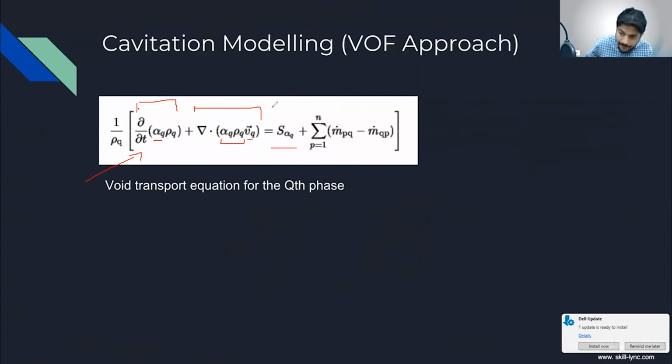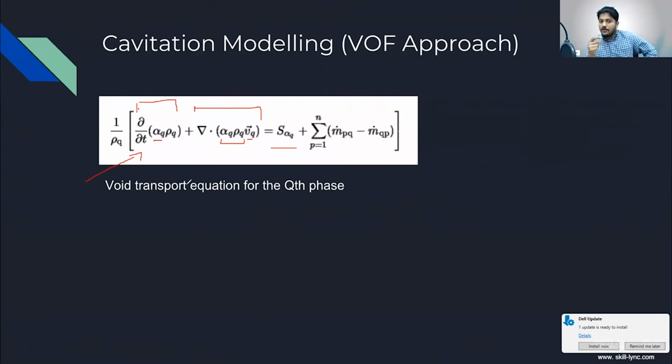So what you're basically doing here is, this equation solves for a parameter called alpha, which keeps track of the voidness. If voidness is 1, that means that particular computational cell contains only gas. Which gas? The qth gas, the qth phase.